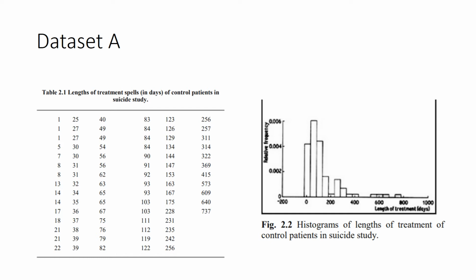So the support would be 0 to infinity, and we can see that it's not symmetrical. So to represent it, it's kind of hard to say, oh, it's Gaussian or something like that.